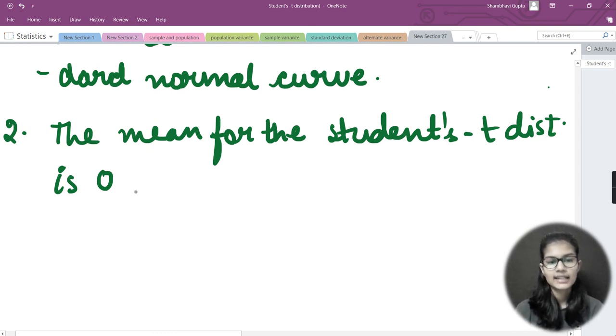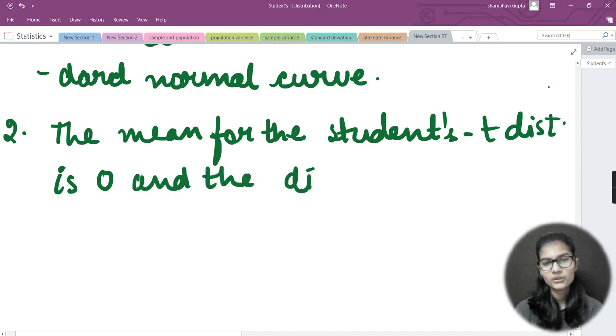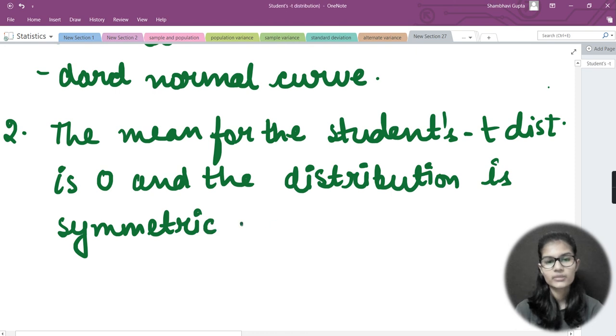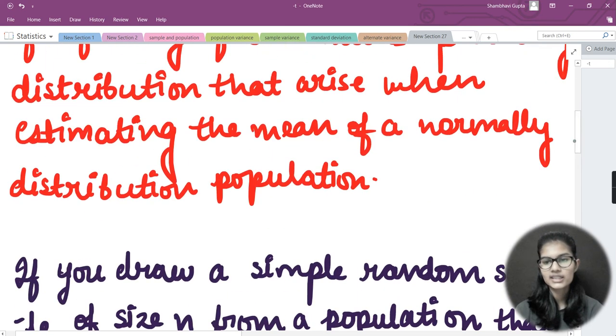And the distribution is symmetric about 0. The distribution which we will be making will be symmetric about 0. So these are the properties which we have for the student's T distribution.